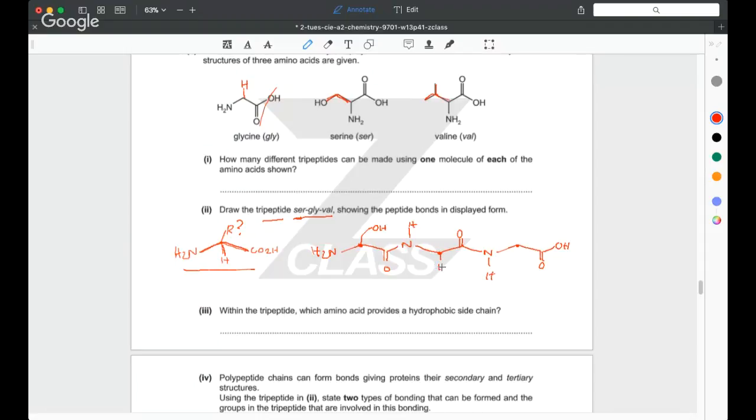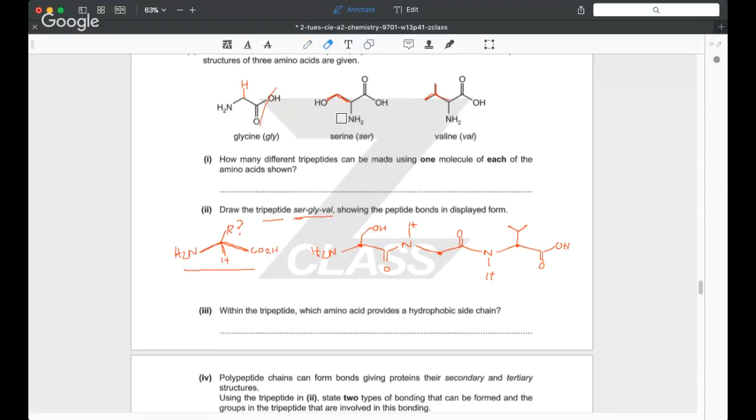I'll draw it in, but in a skeletal formula like this, you shouldn't be drawing in the hydrogens. I'll leave it in for the moment. And then the last one is valine, and that had this group there.